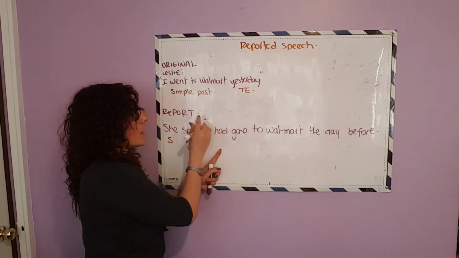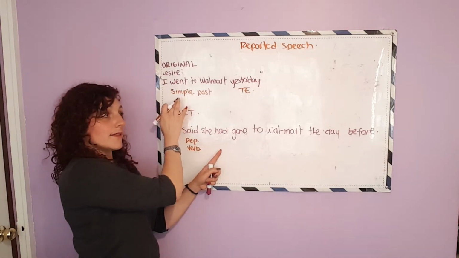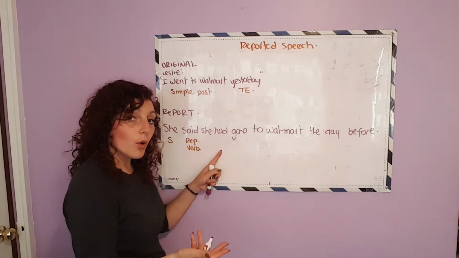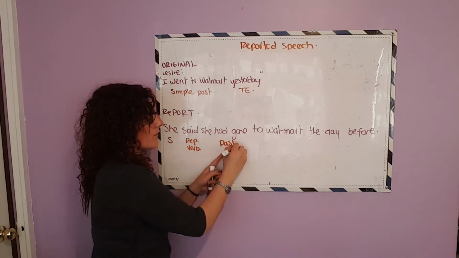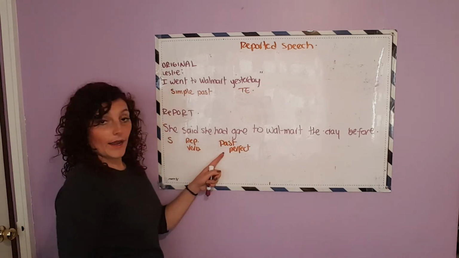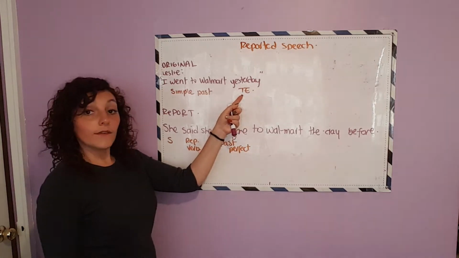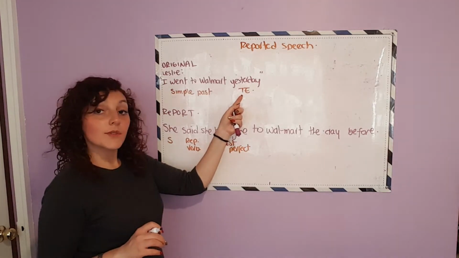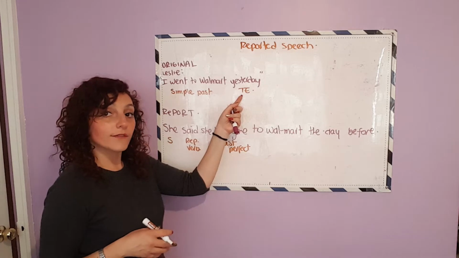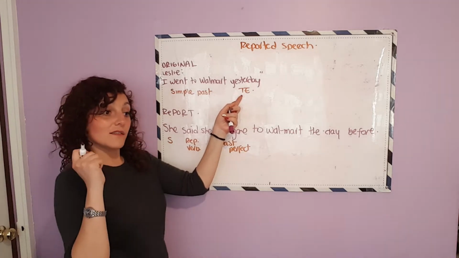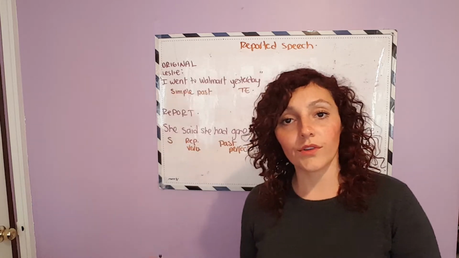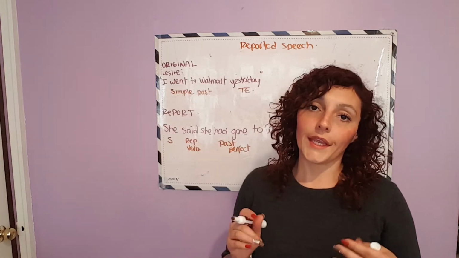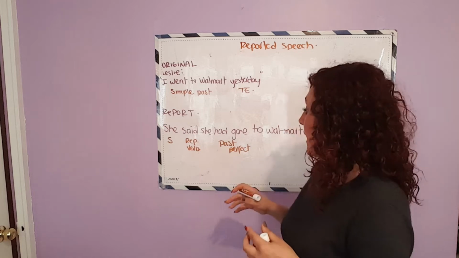So, in this case, if your original idea is in past, when you report, you have to use the past perfect, right? And if you happen to have some time expressions, you also have to modify them because it wasn't yesterday. Maybe he reported the conversation 2 or 3 weeks later, so he has to make some changes, right?